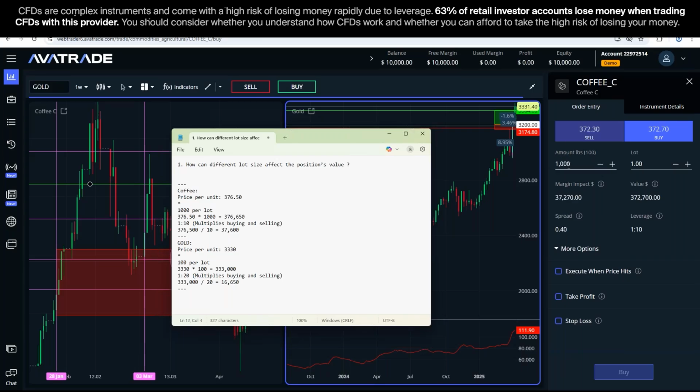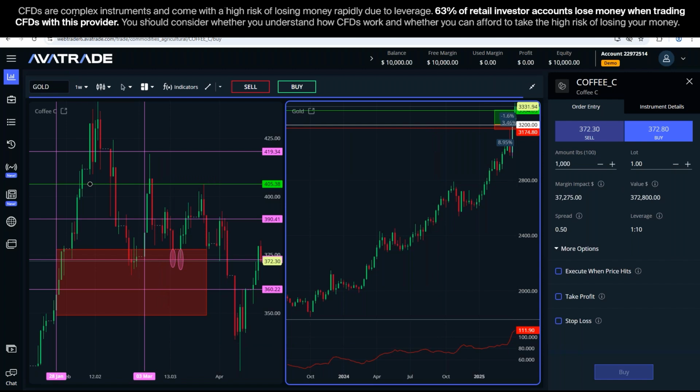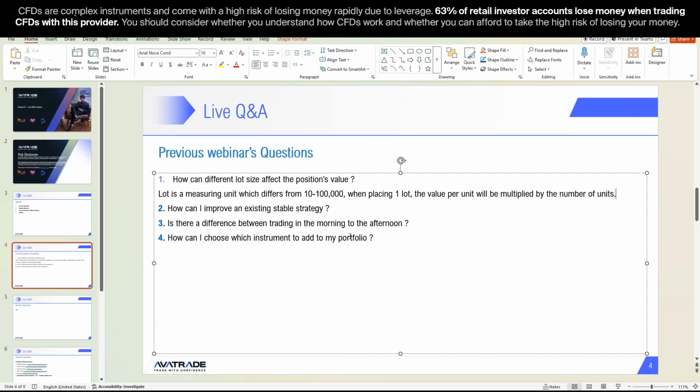The amount is 1,000. So we said the value per unit times the lot amount is giving us the value. Excellent. Lot is a measuring unit.